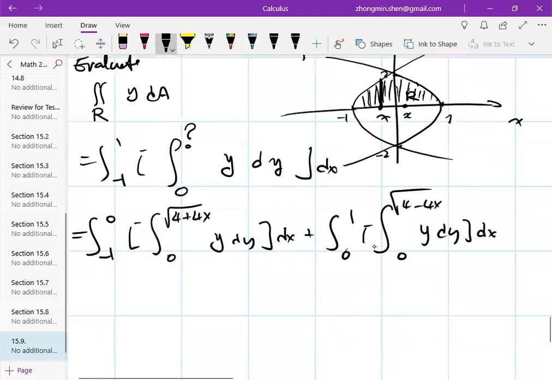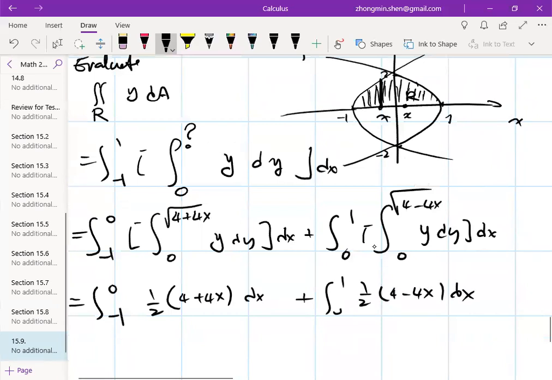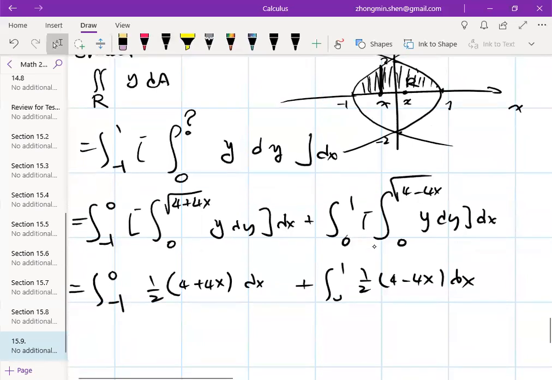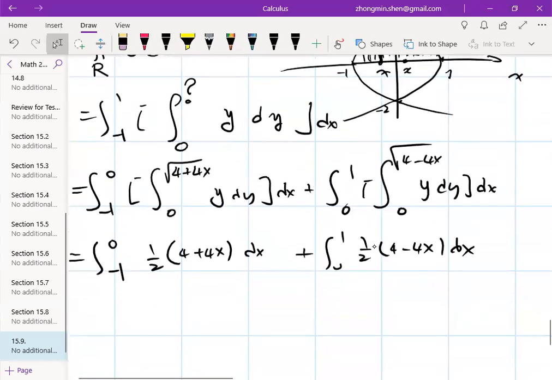Then you can evaluate. The antiderivative of y is half of y squared, and then you put in the limits. So it's not too bad. It's going to be half of 4 minus 4x dx. Then you get an antiderivative: let's take 2 out.